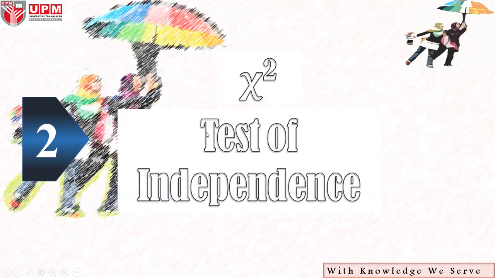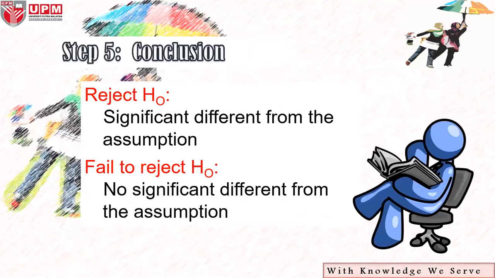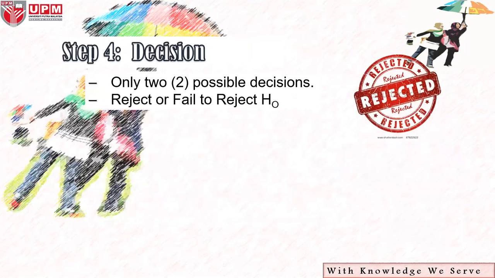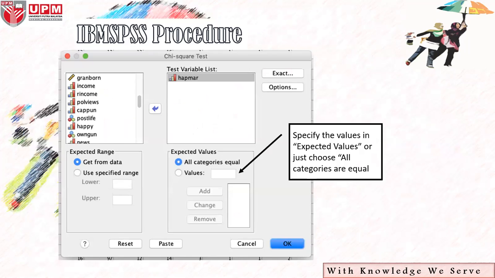Doctor, if we want to reduce the categories, how do we decide which category to combine? Either 1 combined with 2 or 2 combined with 3, or we can choose either. The one close to the value.